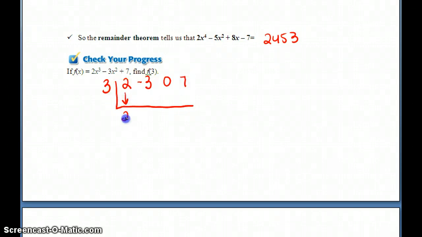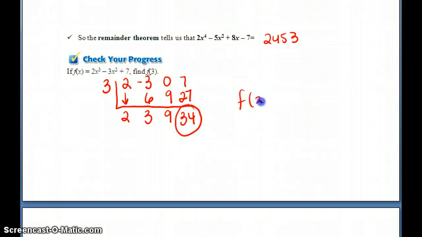So my 2 will come down, and I'll get 6. Negative 3 plus 6 is 3. 3 times 3 is 9. 0 plus 9 is 9. 3 times 9 is 27. So this is going to give me 34. So now I know f of 3, if it were plugged in to that function, would be 34.